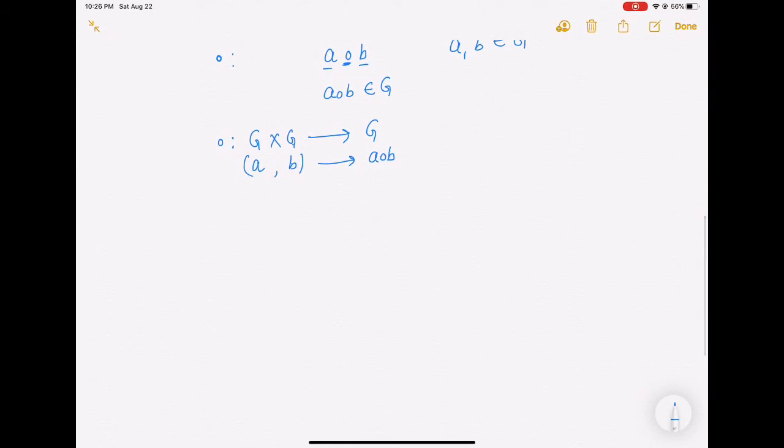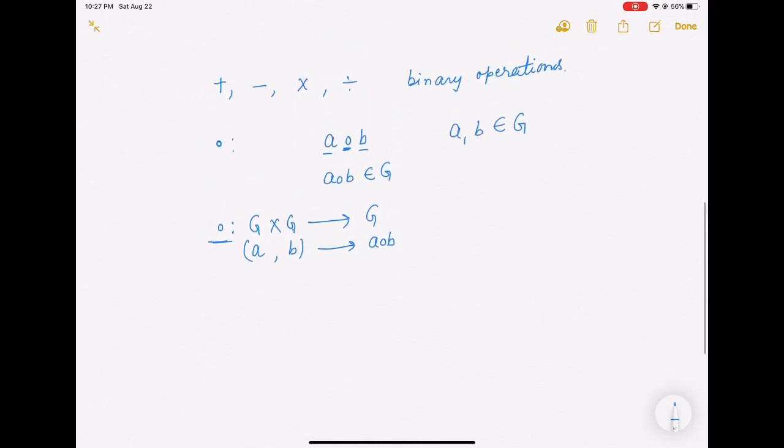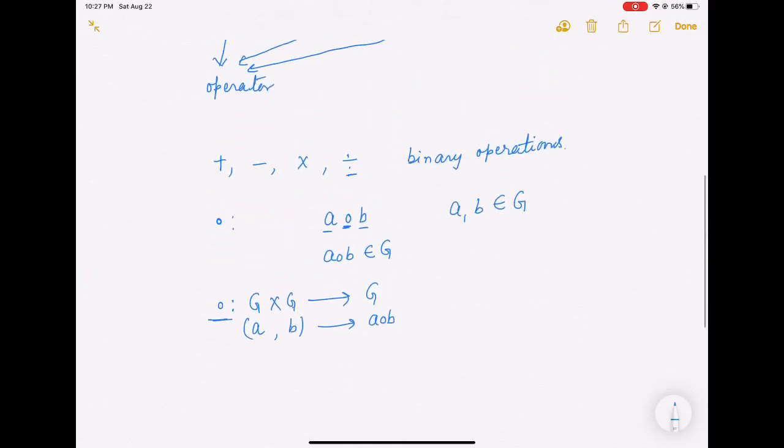So what is a binary operation? A binary operation is a map from G cross G to G that takes any ordered pair A, B to A operation B. Or we may sometimes say that it is a binary composition also. So plus, minus, multiplication, division are all binary operations.